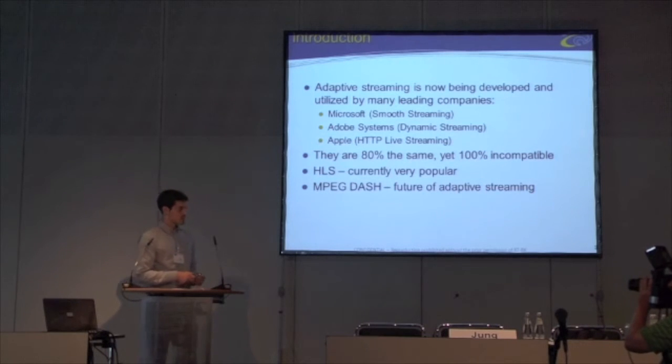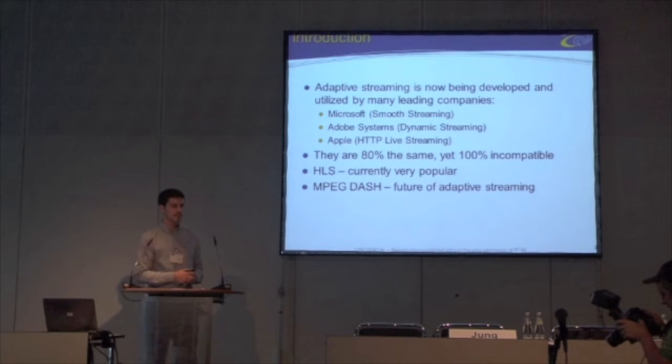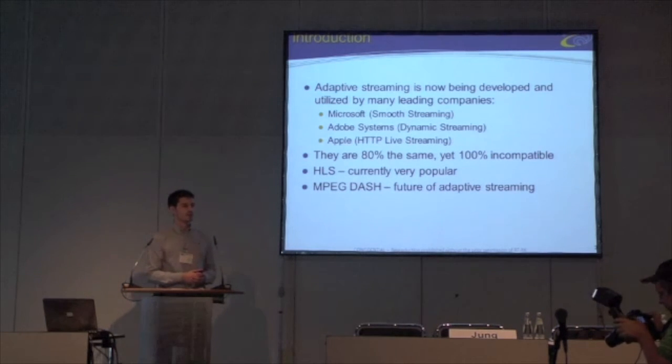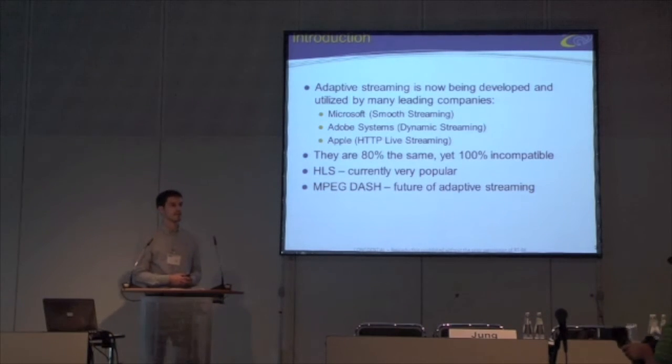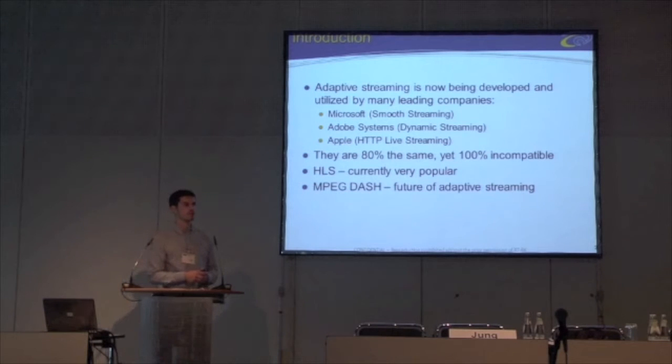For this work, we chose two basic standards. The first standard is HTTP live streaming, and the reason why we chose this standard is that it is very popular at the moment. The second standard is MPEG-DASH, where DASH stands for Dynamic Adaptive Streaming over HTTP.